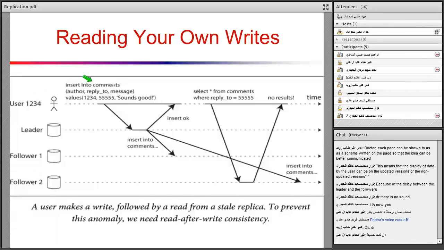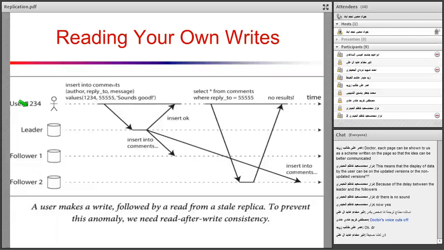Comments is the name of the table, and these are the features of the table: author, reply to, message. We are going to insert the new record in this table by using this insert query. So the user 1234 wants to insert the new row in the comments table.